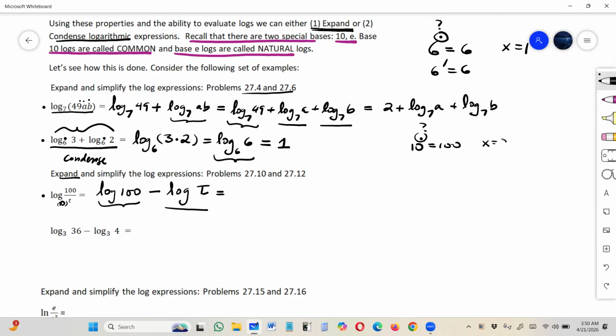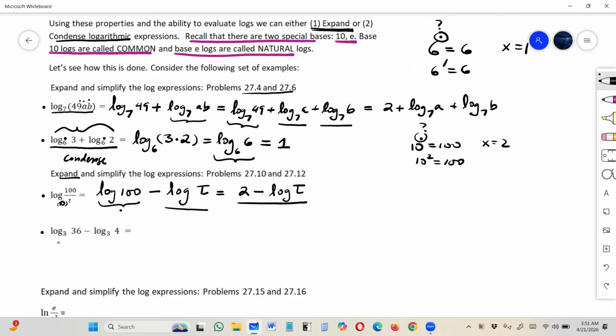It's obviously 2, because 10 squared is equal to 100. So this simplifies to 2, and then I would write minus log base 10 of t. So log base 10 of 100 over t is this. This is how we expand the expression using the quotient rule.